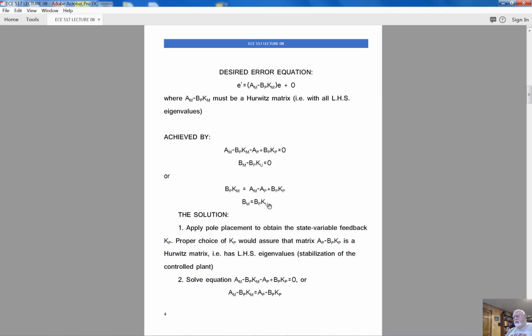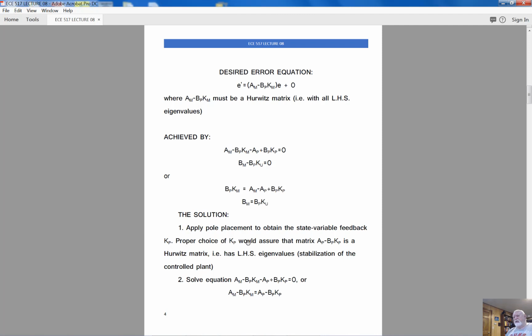How to get the solution? Look, it's not that simple because we're dealing with matrices here. To get solution, first of all, we have to make sure that we have matrix Kp. To get matrix Kp, what we have to do is to apply the pole placement procedure to obtain the state variable feedback controller with matrix Kp.